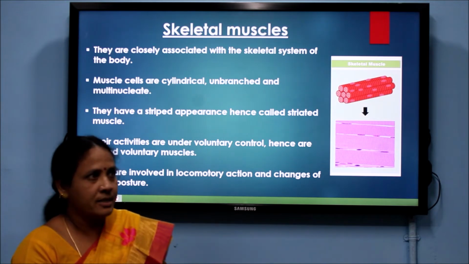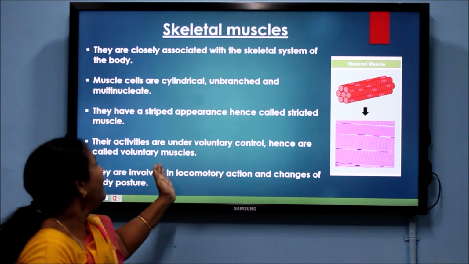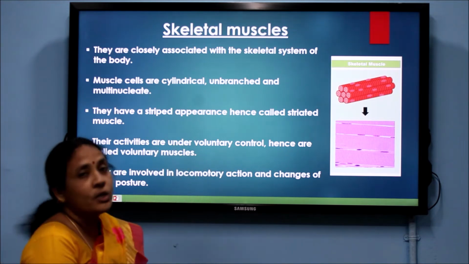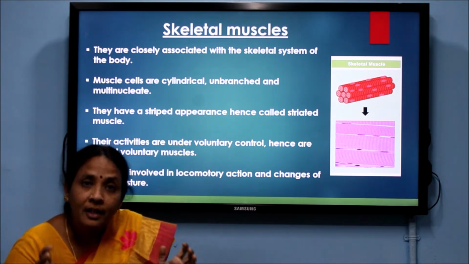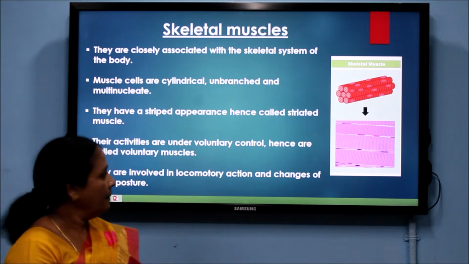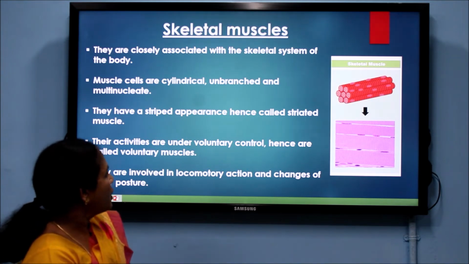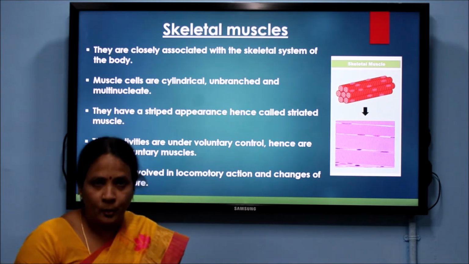They function under voluntary control. They are under the control of the brain, so they are voluntary in their function. They are involved in locomotory action and changes of body posture.